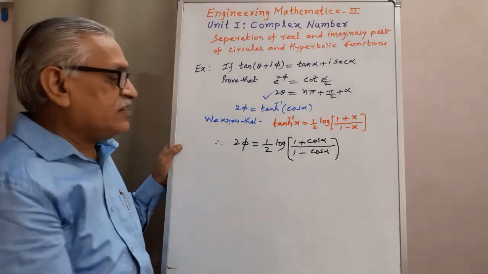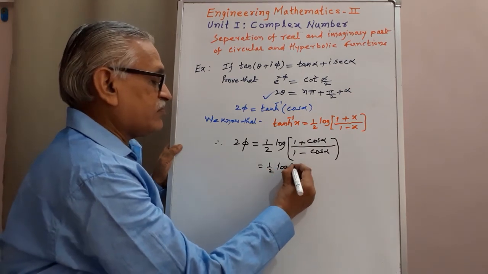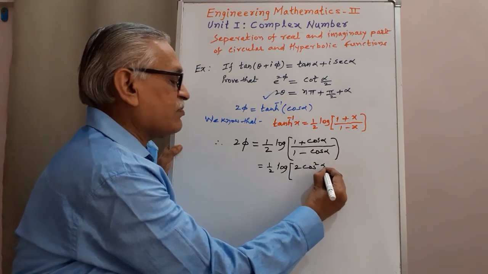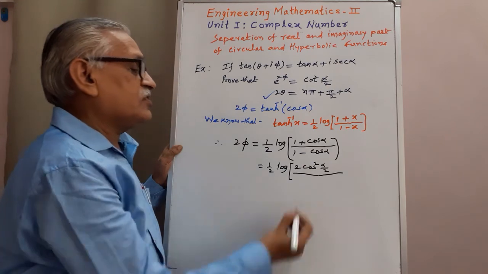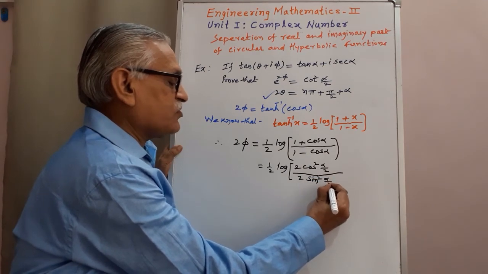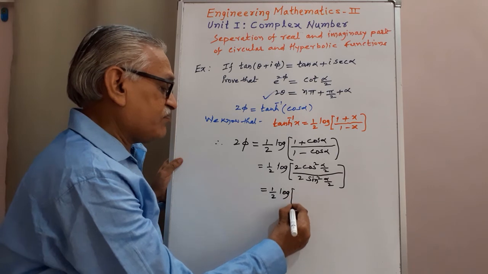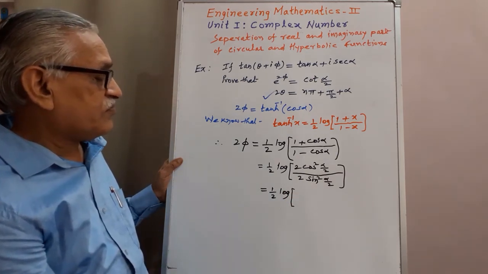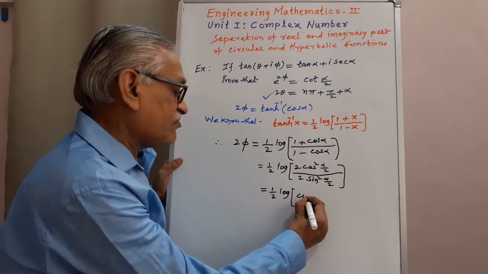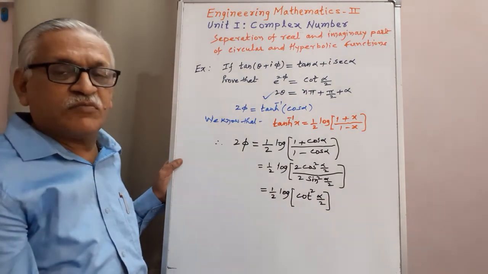The required result is in half angle, therefore using the standard trigonometric results, 1 plus cos theta is 2 cos square theta by 2, means it is 2 cos square alpha by 2, and 1 minus cos theta is 2 sin square theta by 2, 2 sin square alpha by 2, and therefore it is 1 by 2 log of, 2 gets cancelled, cot square alpha by 2. m log n is nothing but log of n raised to m.